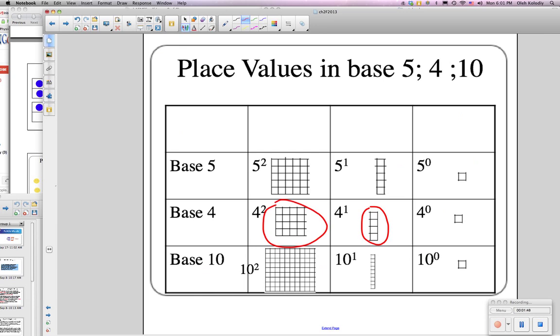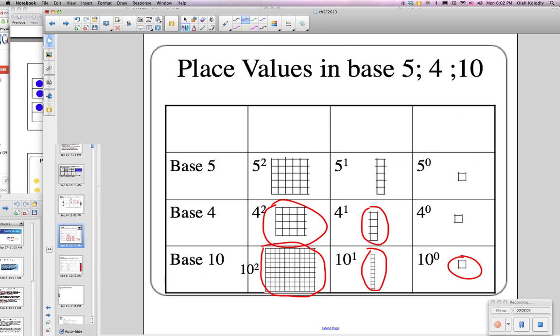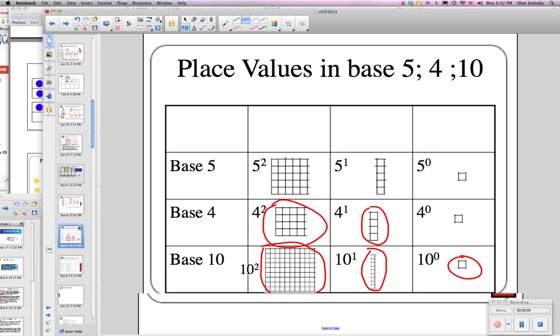And the next digit tells you how many 16s there are. And of course, in base 10, we have 1s, and this digit tells you how many 10s there are, and this digit tells you how many 100s there are.